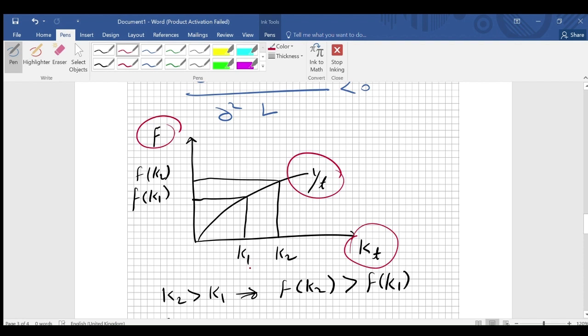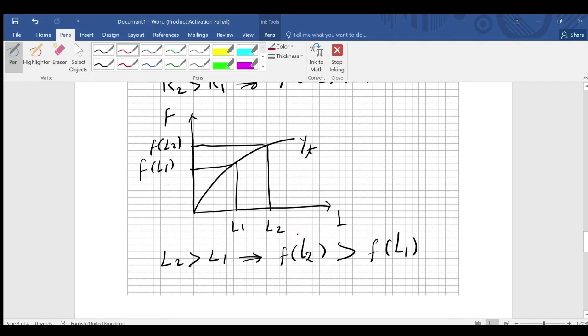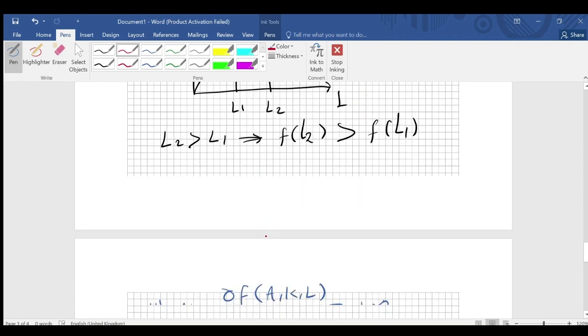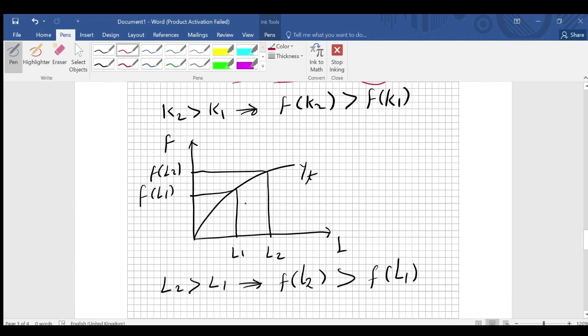That means if we denote a higher level of capital by K2 and a lower level of capital by K1, K2 greater than K1 implies that f of K2, the output, is greater than f of K1. So this means it's increasing. Similarly, we can draw the same thing for labor. So you see that both these graphs are concave and increasing.